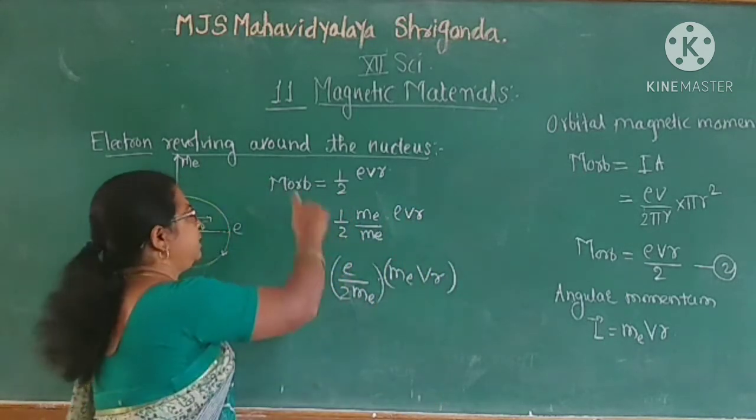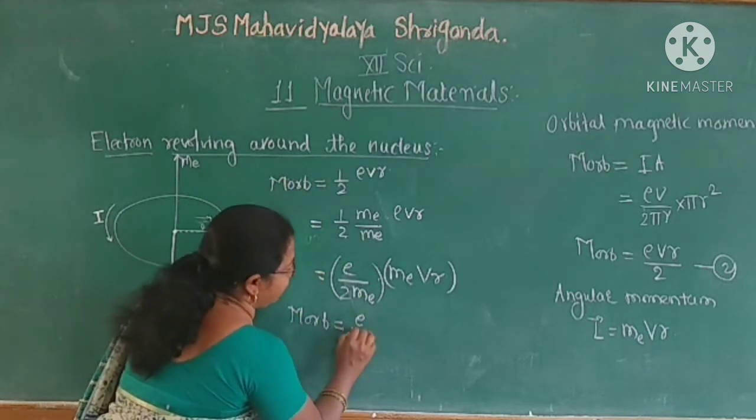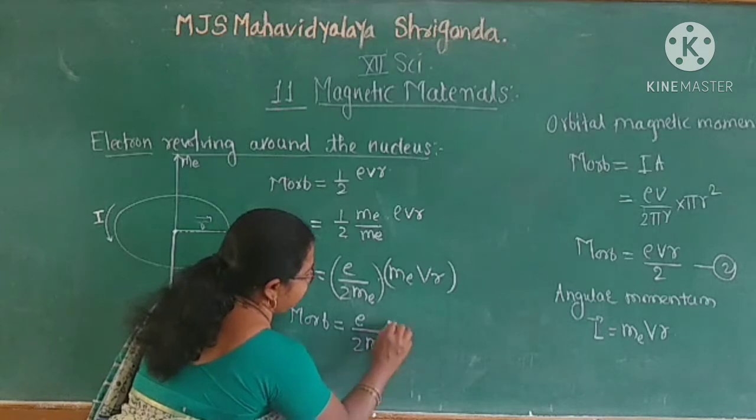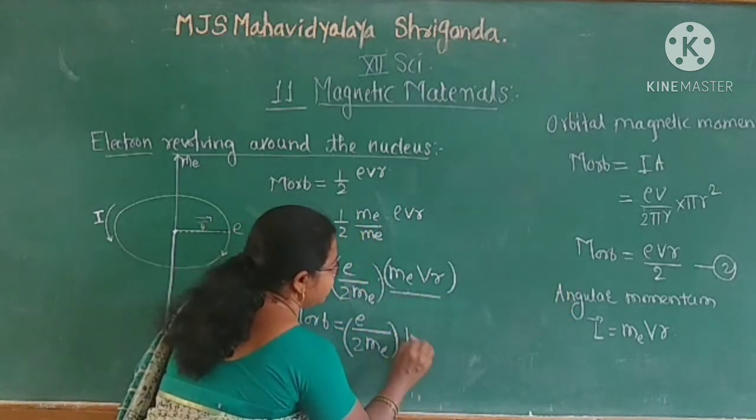Now we can write m orbital is equal to e by 2me, out of bracket, this is nothing but angular momentum, that is L bar.